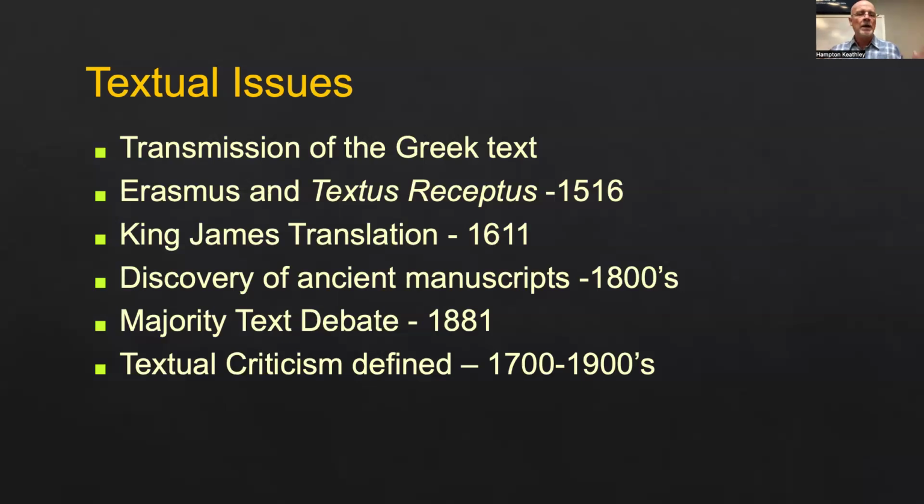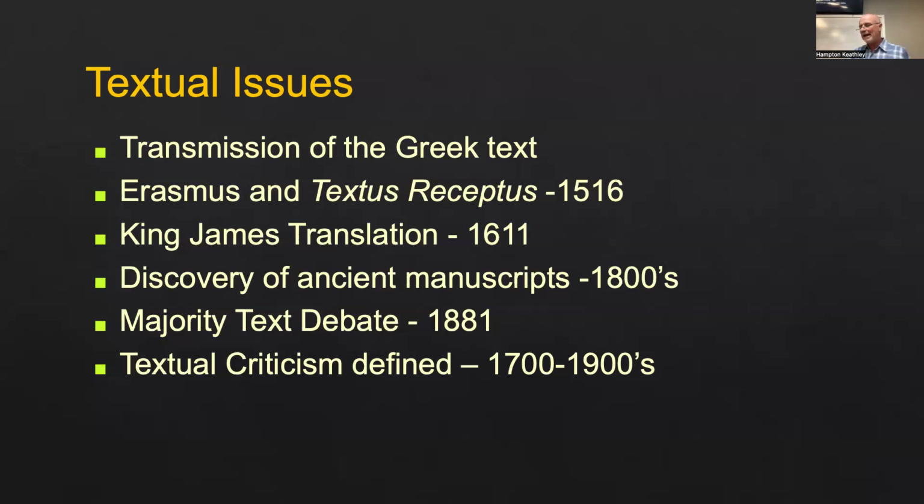And so a safe number is over 5,000. Okay. And the point is that we have a dozen manuscripts of Philo or other ancient writers, and we really don't know exactly what they said. We don't have enough to compare. But with the New Testament, we have so many to compare that we can be pretty certain of the original.